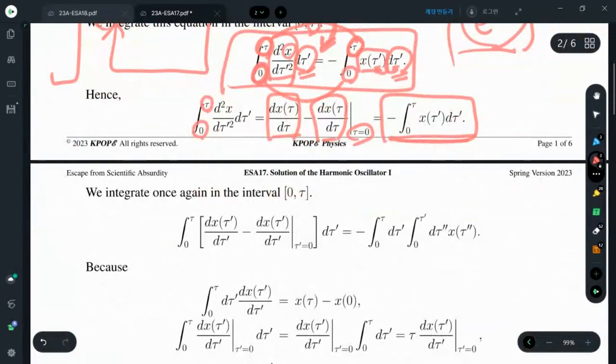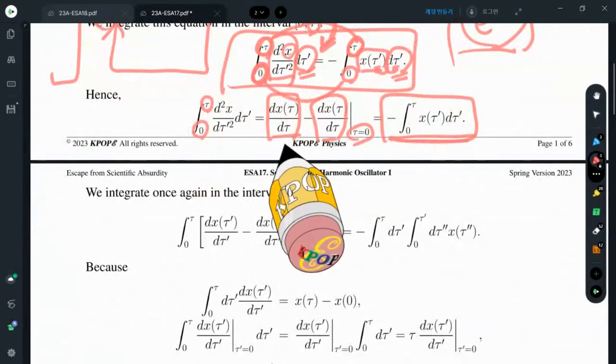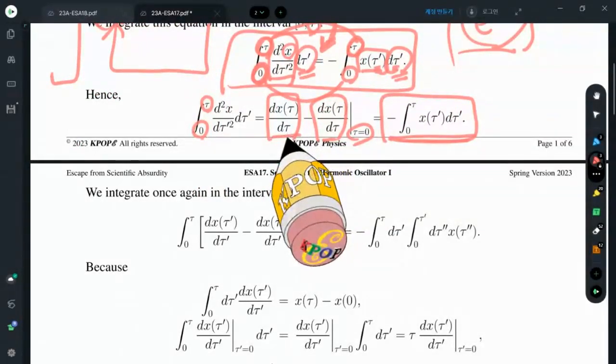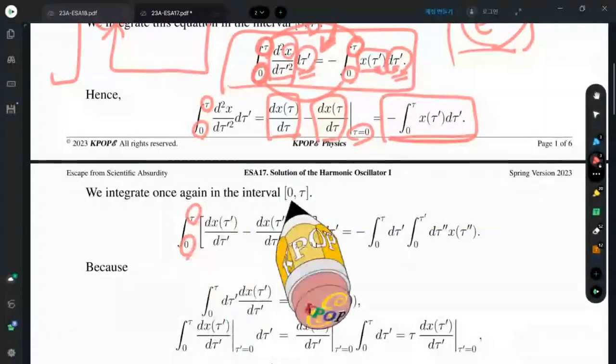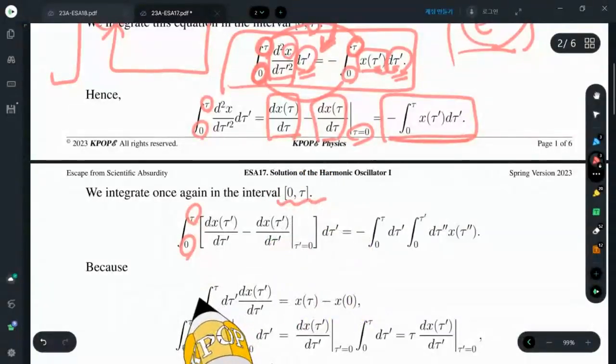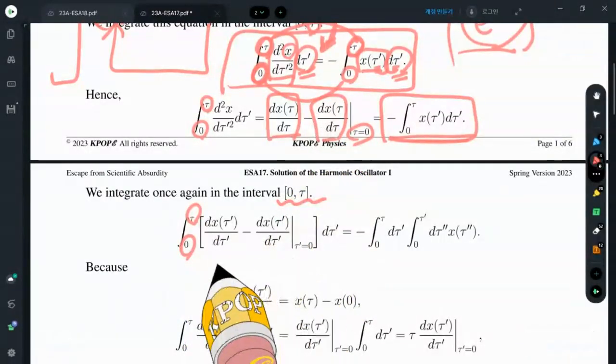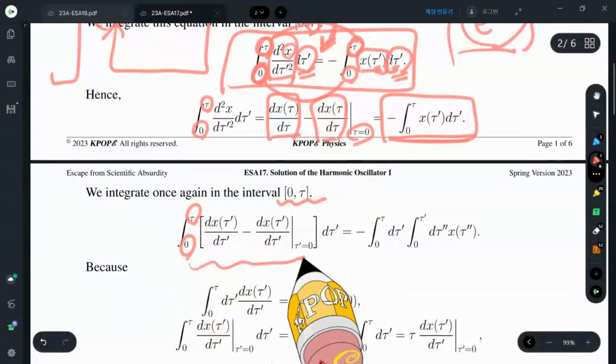Okay. And then still we are left with the single derivative. Why don't we integrate out over the same period, same time interval? Then this integral should be evaluated.